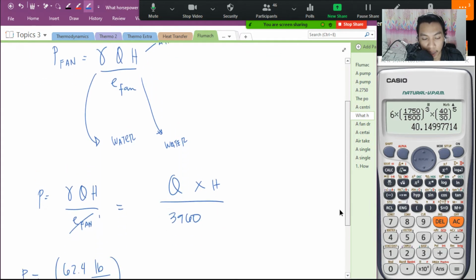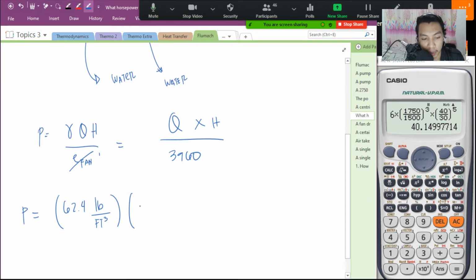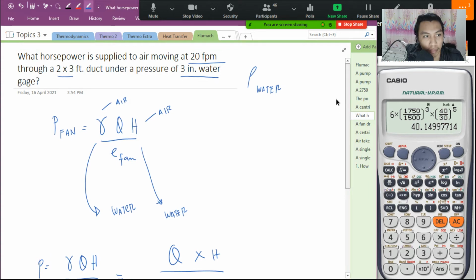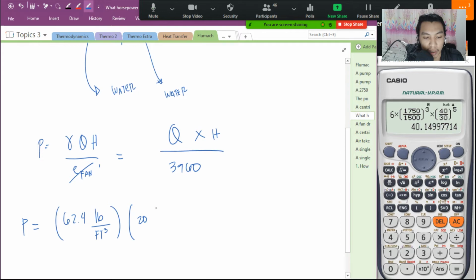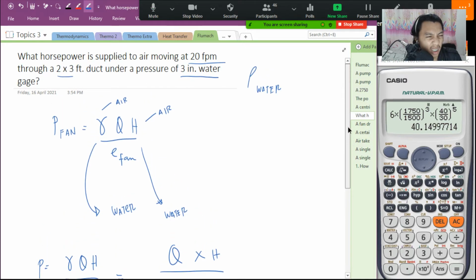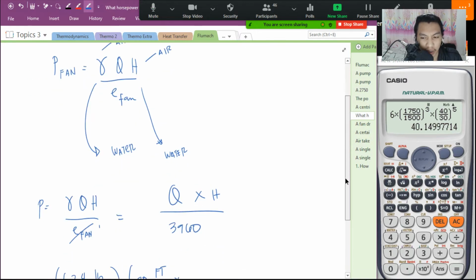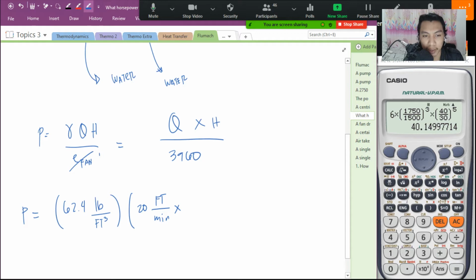Hindi, 20 FPM pala. 20 foot per minute. Isa-solve pa natin yung A. Q is AV.